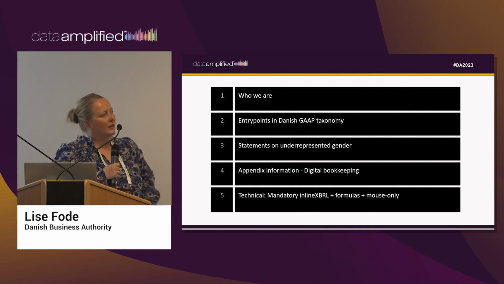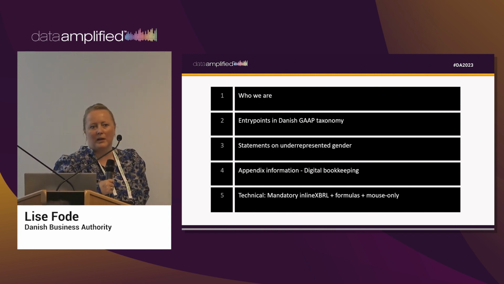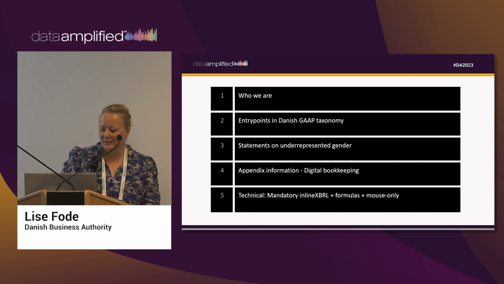I will get into some appendix information because we have made quite a lot of changes to the digital bookkeeping. And lastly, I will get into some more technical details. But more on that later.